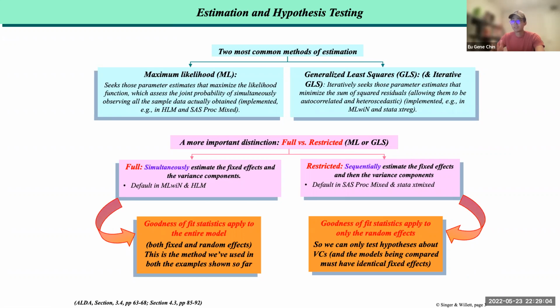So some researchers say that the restricted method is actually more intuitively correct because we're being a little bit more honest with the uncertainty that goes into the estimation of fixed effects here. But so far there hasn't been any solid proof that the estimates coming from the restricted approach are more precise compared to the full approaches in practice.